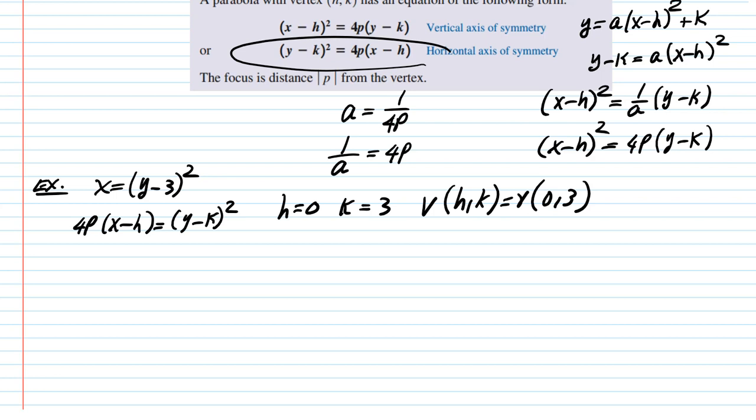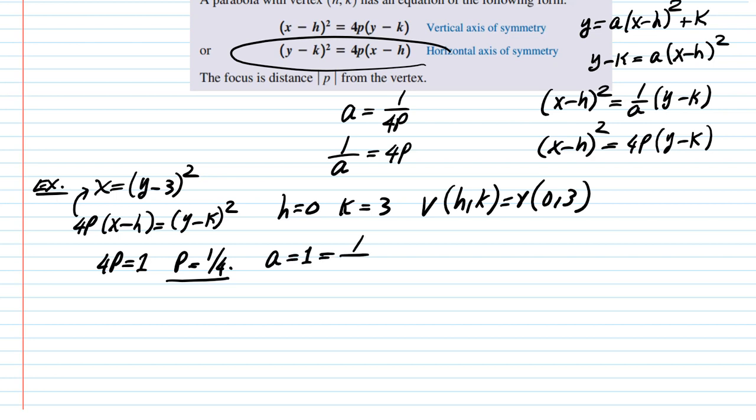Now, 4p here is equal to 1, correct? Because there's no number outside of x other than 1. Therefore, 4p is 1. Therefore, p is going to be how much? It's going to be 1/4. And if you think in terms of polynomial form, we say a is 1.